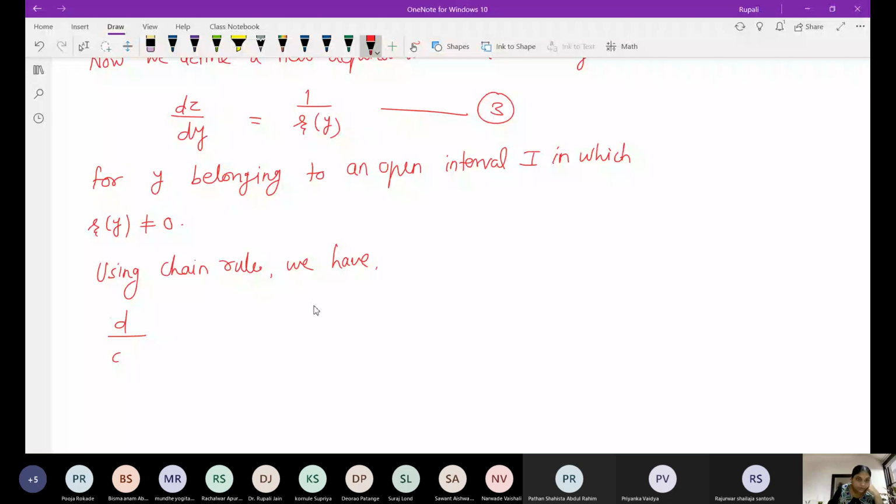If I use chain rule, the total derivative of z of f of y will be dz of f of y into df by dy. Is it right? Chain rule I am applying.